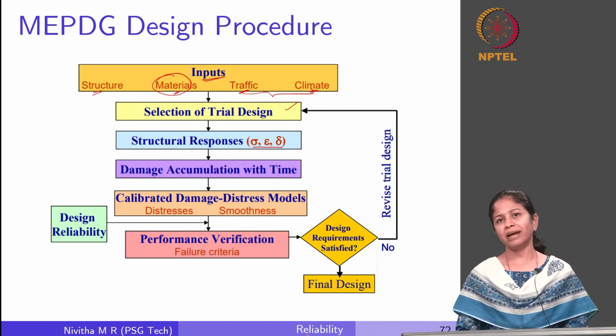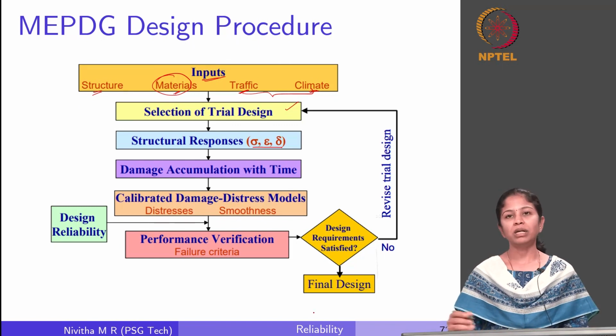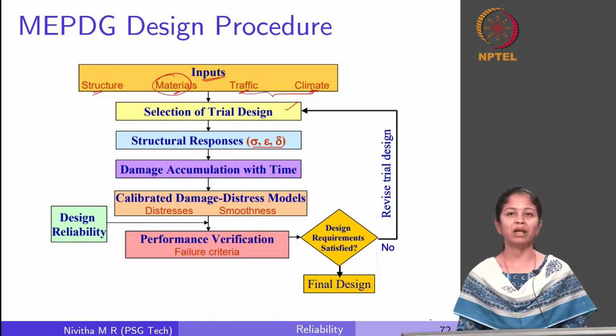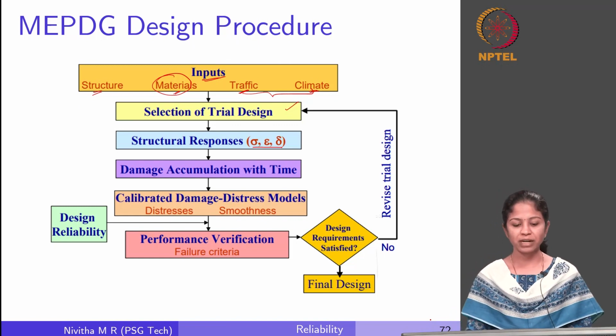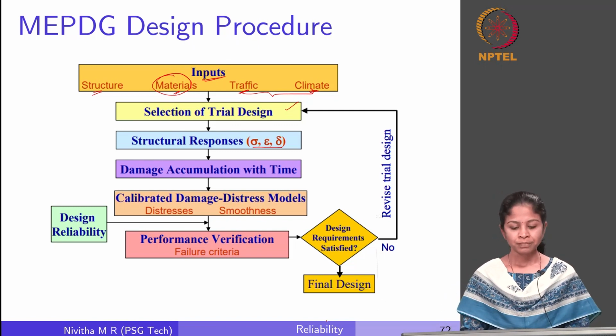And the distinguishing feature in this design procedure is that the critical strains are evaluated only at 2 locations for a given load in IRC 37, whereas in this case it is evaluated at multiple locations, and the critical among those strain values or the stress value is used for the design, right. So, that is another advantage, but the design procedure is the same.